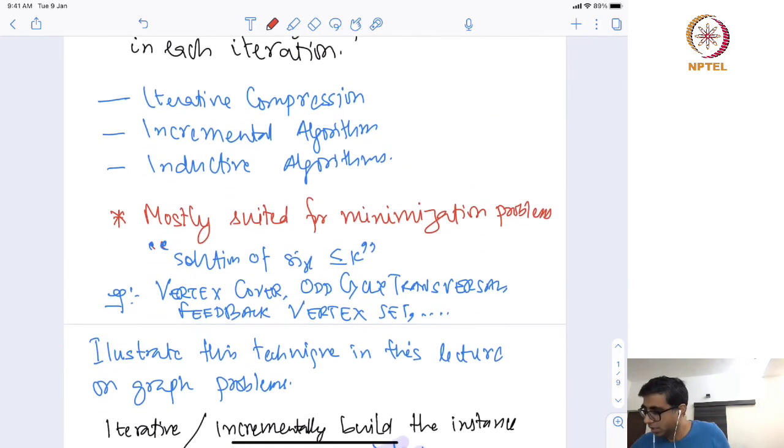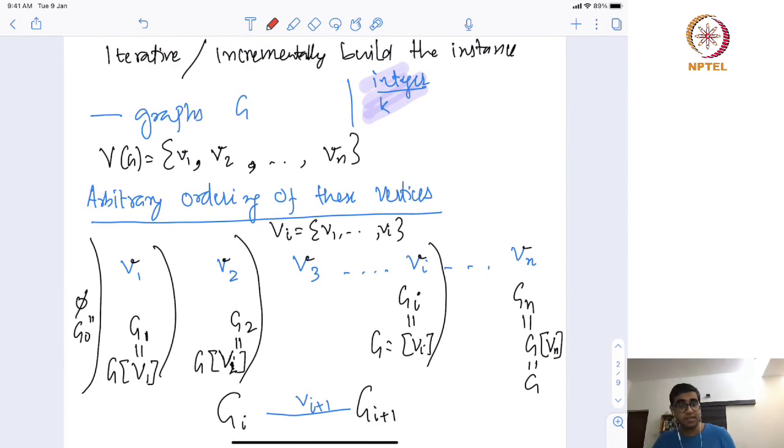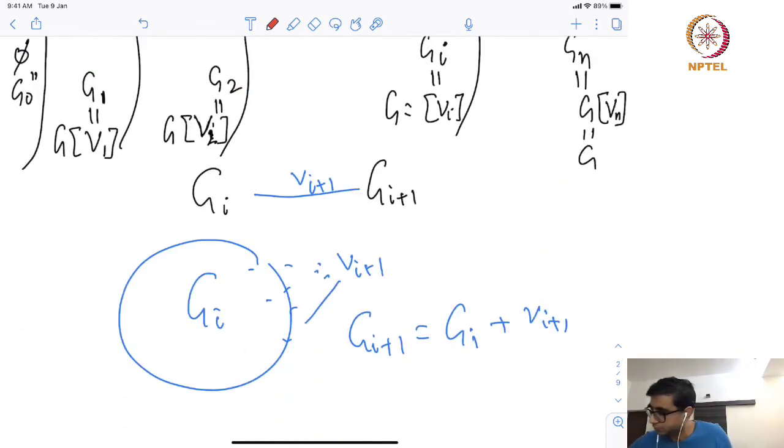First I told you how to incrementally build the instances, for example for a graph, which is the best test case, and then you will understand how to do other things. I built it by an arbitrary ordering of the vertices, but the same approach could also be done with edges.